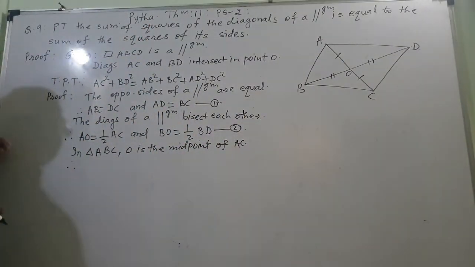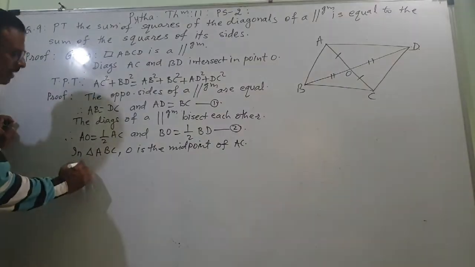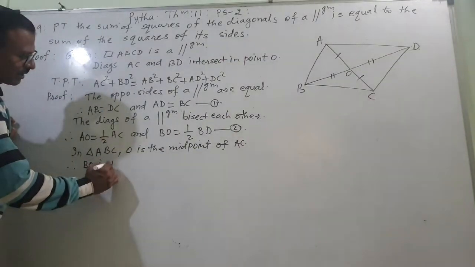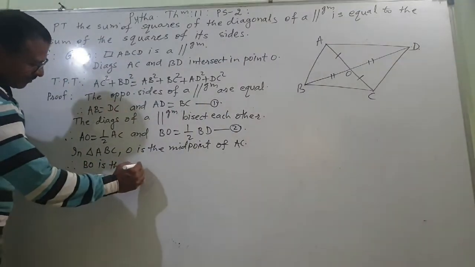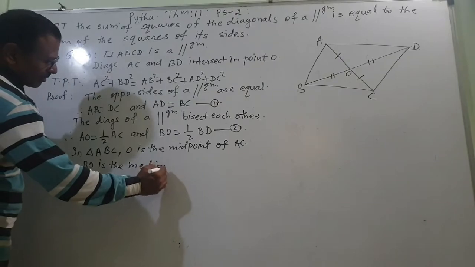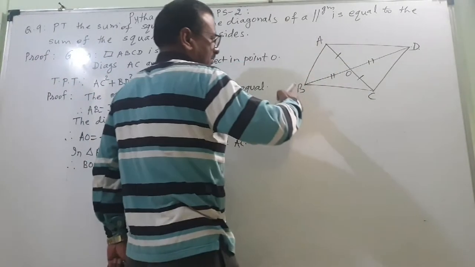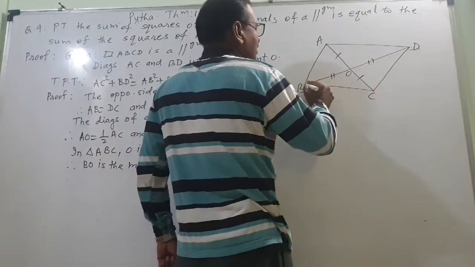Therefore, BO is the median. If it is a median, in this triangle, this is the median.